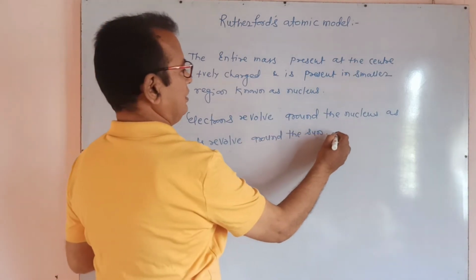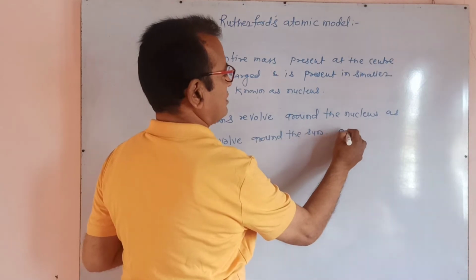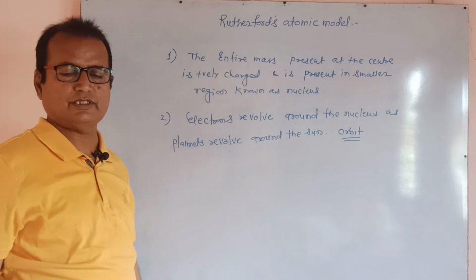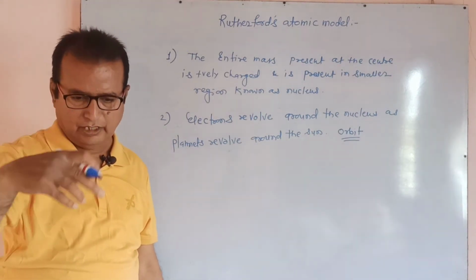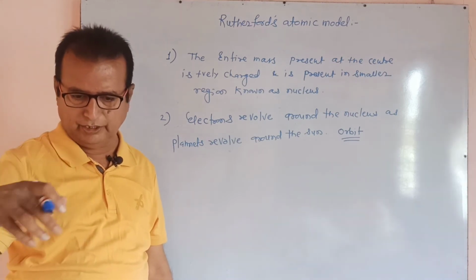It means it is a type of orbit. This is known as the orbit path. The orbit path is important. This type of orbit is there around this nuclear region. Electrons revolve along with the nuclear region together.